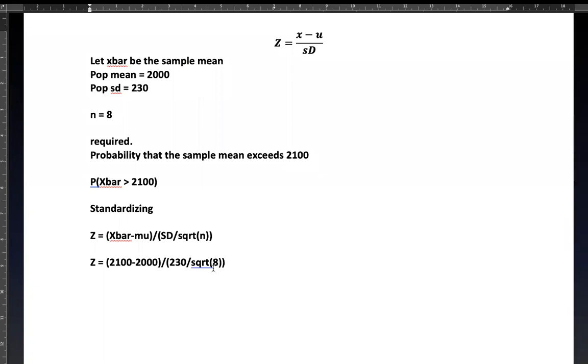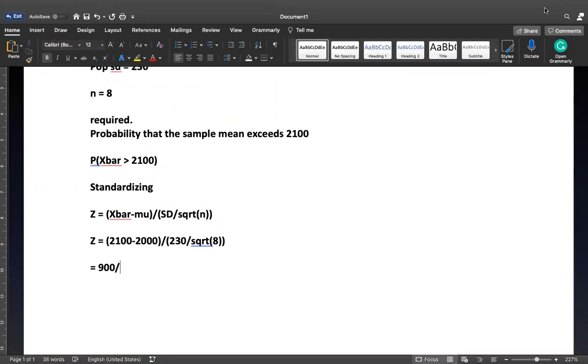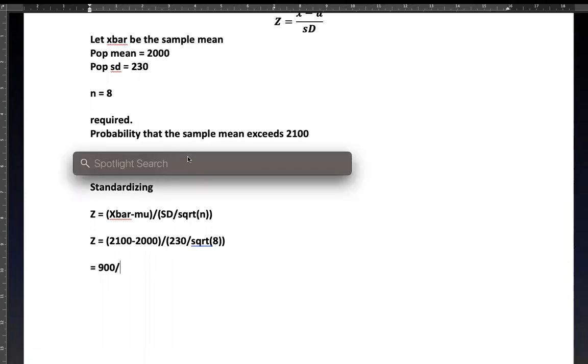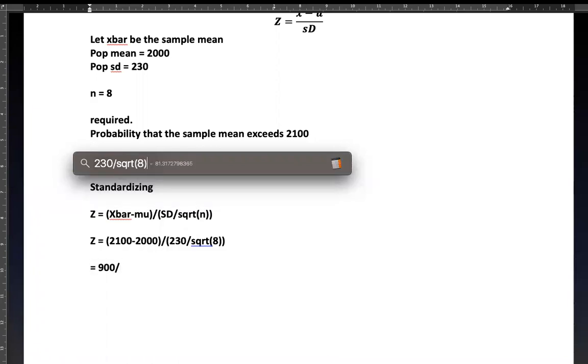So just put everything together. The numerator is 100, right? And the denominator is what? You can just evaluate it and then you tell us. Okay, Maureen, if you have the value, you can just tell us. I think I have it.